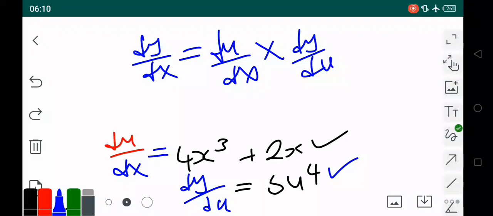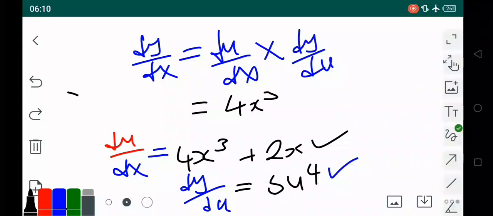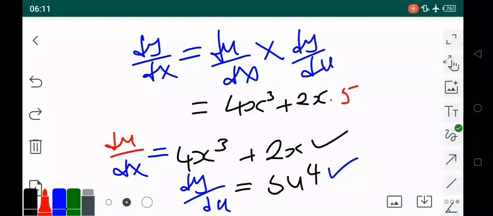Okay, so after we do that, we are going to have du over dx, which is just 4x to the power 3, plus 2x, and then since I'm multiplying, it's going to be dot 5u to the power 4.